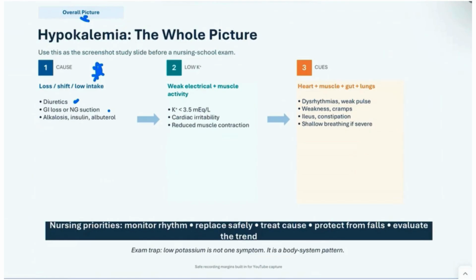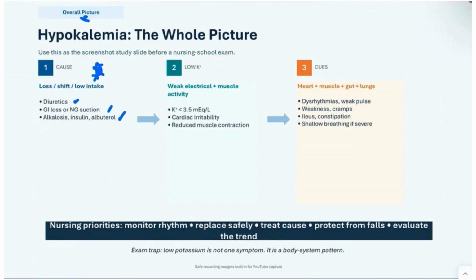Remember that GI losses such as vomiting, diarrhea, or continuous NG suctioning. And think about potassium shift into the cell in some scenarios such as alkalosis, the use of insulin, or the use of albuterol.